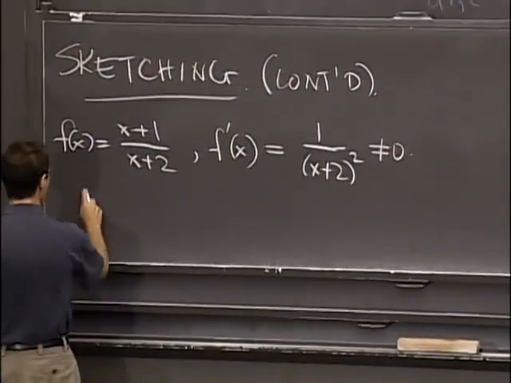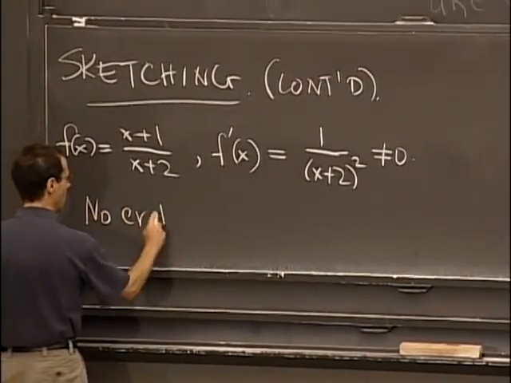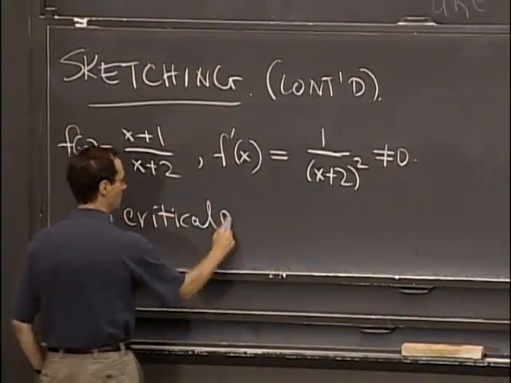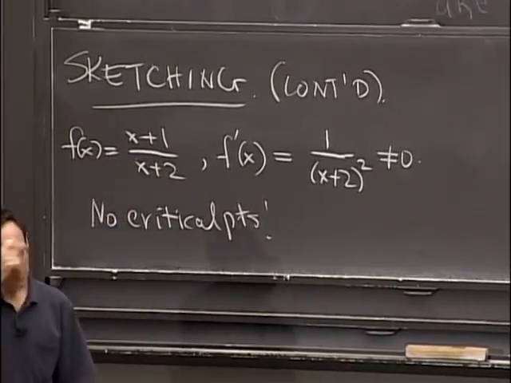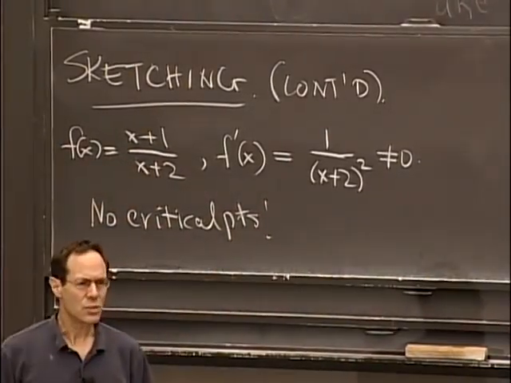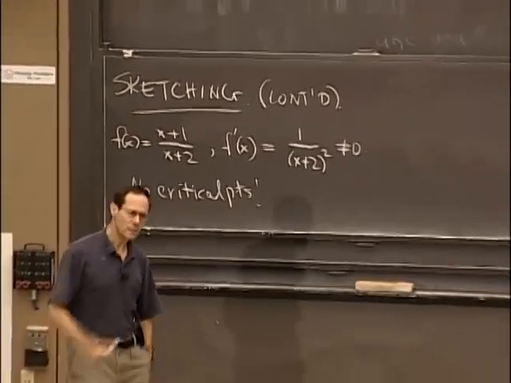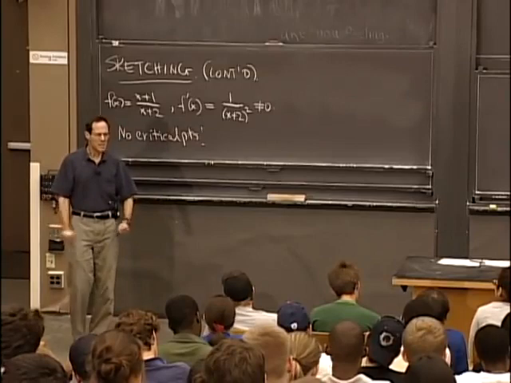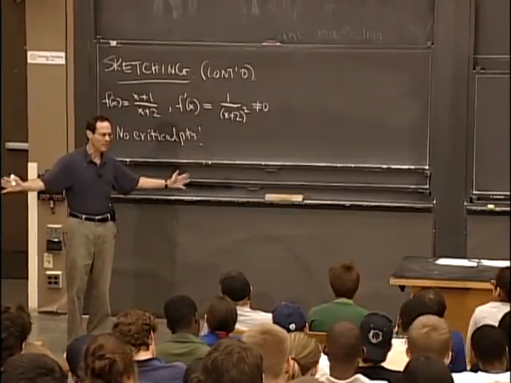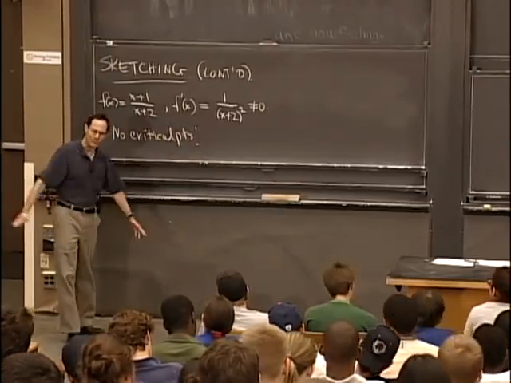So that means there are no critical points. Okay, at this point, many students who have been trained like monkeys to do exactly what they've been told suddenly freeze and give up because there's nothing to do.